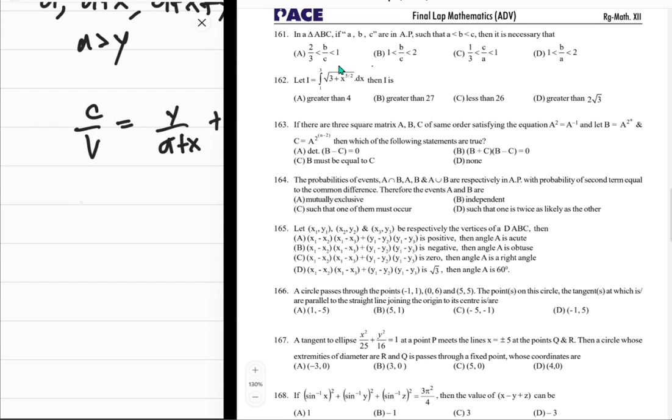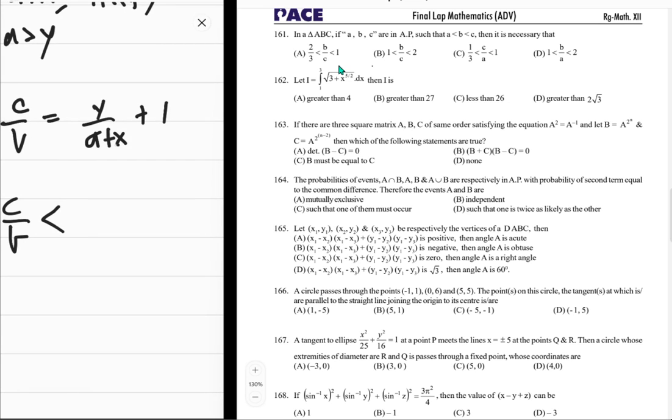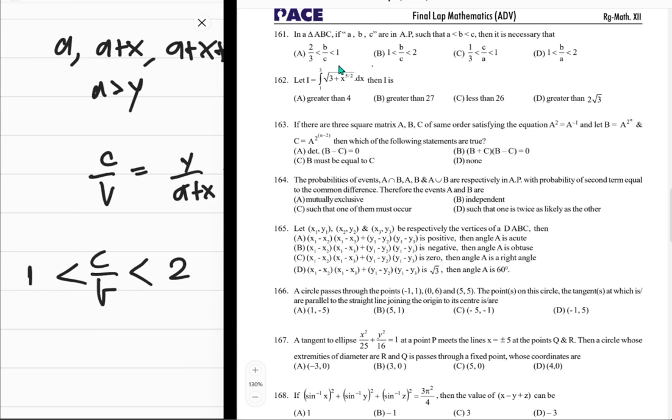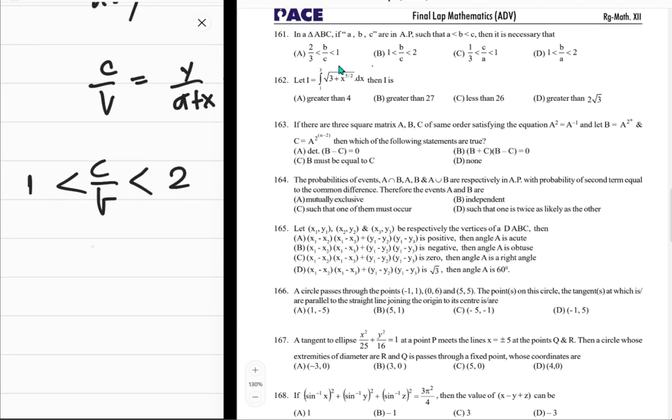So the minimum value of C upon B is just 1 and the maximum is when X is 0, so it's just 1 plus Y upon A. But Y is less than A, so this will be less than 2, right? Yes, I think that makes sense. So 1 is less than C upon B is less than 2.